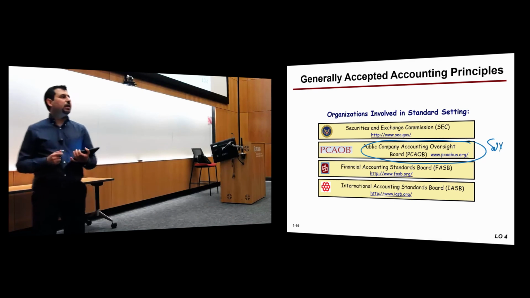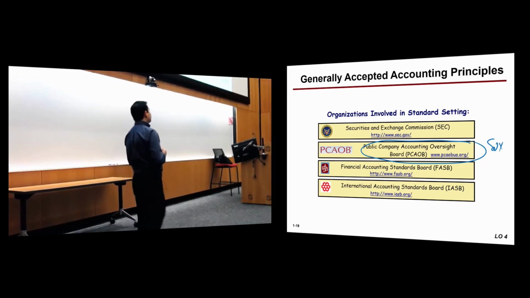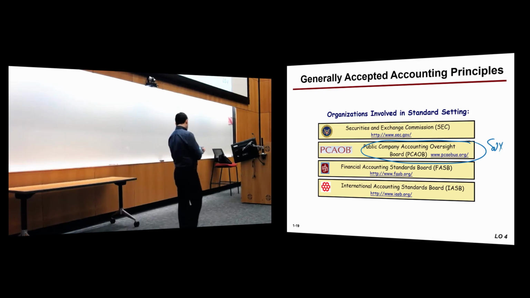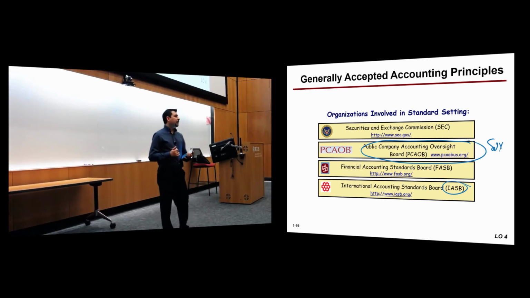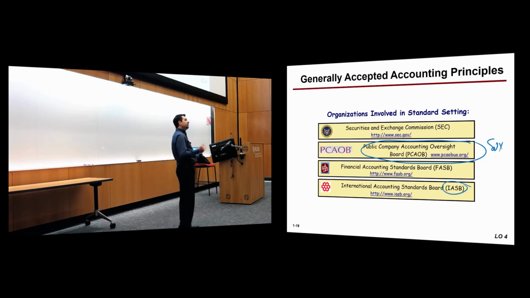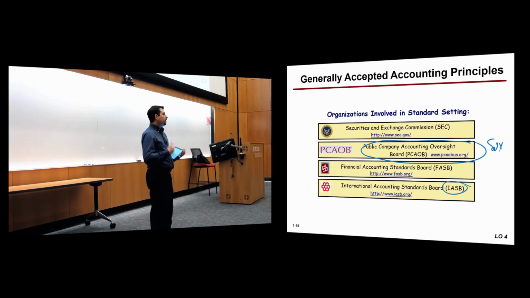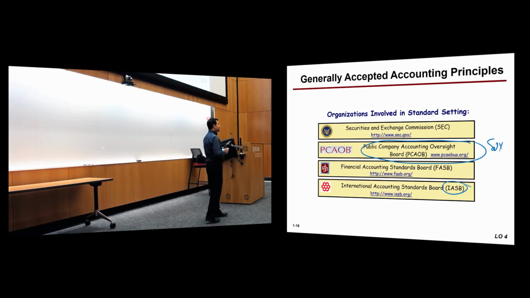However, many countries follow IFRS, which is developed by the IASB, the International Accounting Standards Board. Before SOX, the AICPA, the American Institute of CPAs, was a self-governing organization. They used to create their own code of conduct, etc. But after SOX, the US government introduced the PCAOB.